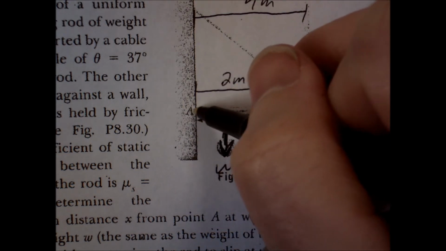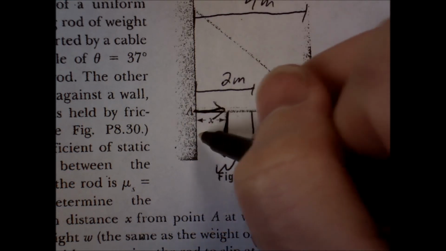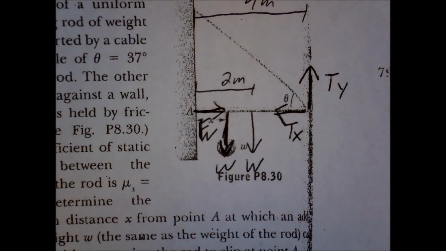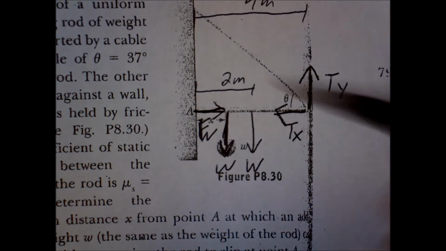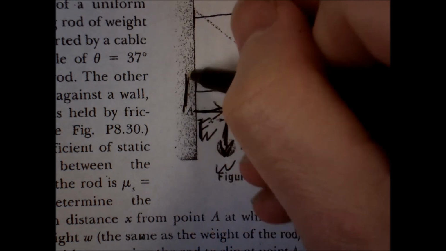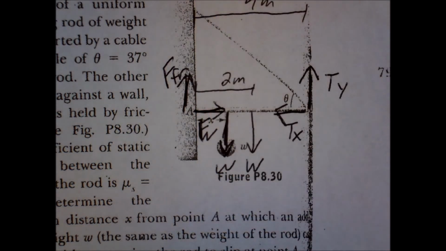What's the name of the force from a wall? Normal. So we'll call that F normal. And then what's holding it up? Friction. So we'll call that F friction. That should be our FBD, including all our locations.